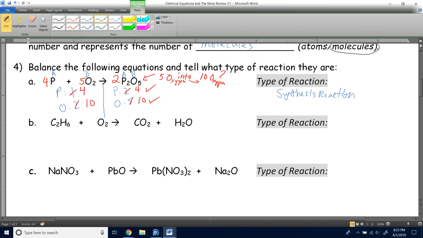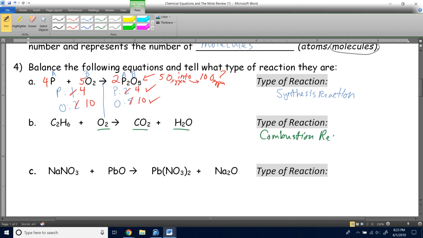Let's keep going. I like using different colors. This is a nice feature of this writing tablet. It's pretty sweet. So this type of reaction, you want to look at this reactant, this product, and this product. If it has these 3 consistent elements and compounds, molecules, carbon dioxide and water as products and a reactant of oxygen, it'll always be a combustion reaction, okay?